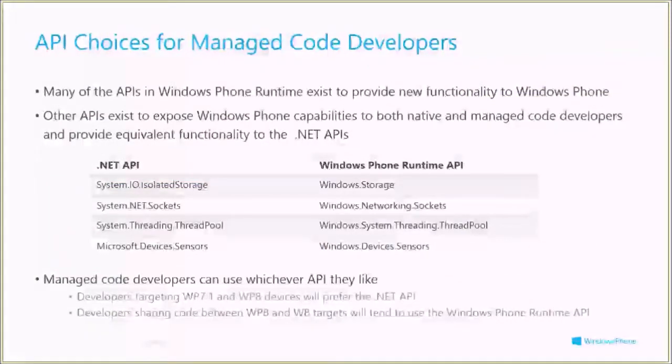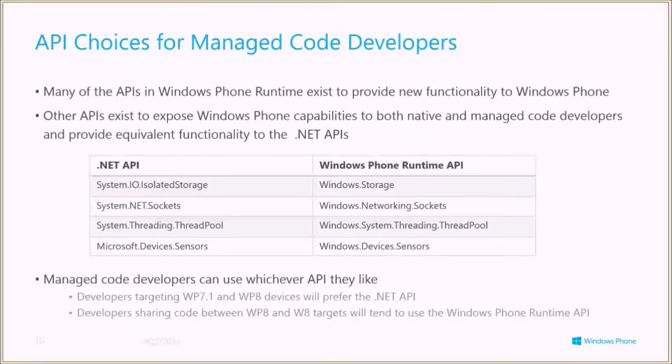Well, if you're just planning to code for Windows Phone and have no plans in the future to port your application to Windows 8, then I advise you to use the .NET APIs. If you're planning to port your application to Windows 8 or have another copy of it as a Windows Store app, then I advise you to use the Windows Phone Runtime API so that you minimize the code development and can share lots of code between Windows Phone and Windows 8. So it just depends on what you're planning to do.